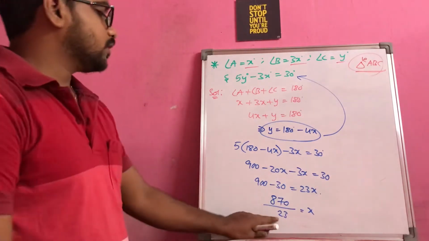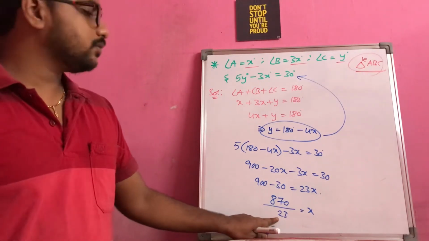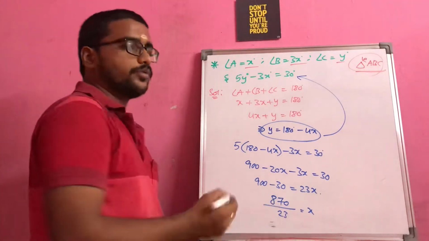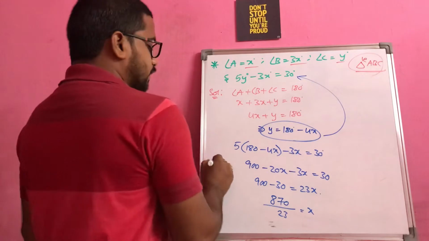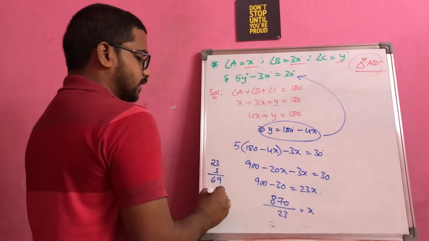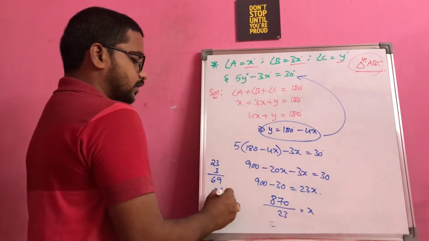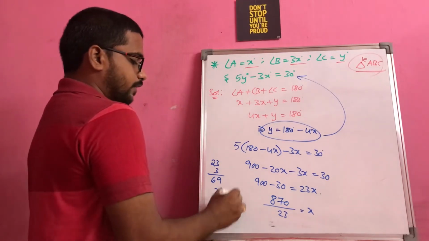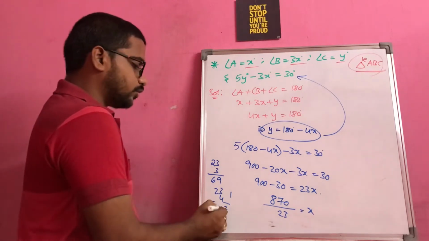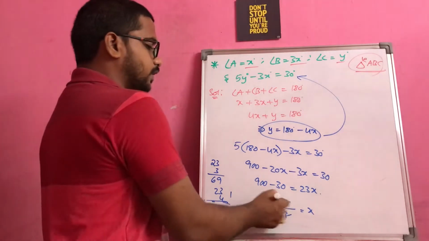Right? So simplify this further. In the 23 table we have to get 870. 23 3s are 69, 23 4s are 92. So we have to go for 23 into 3 only.